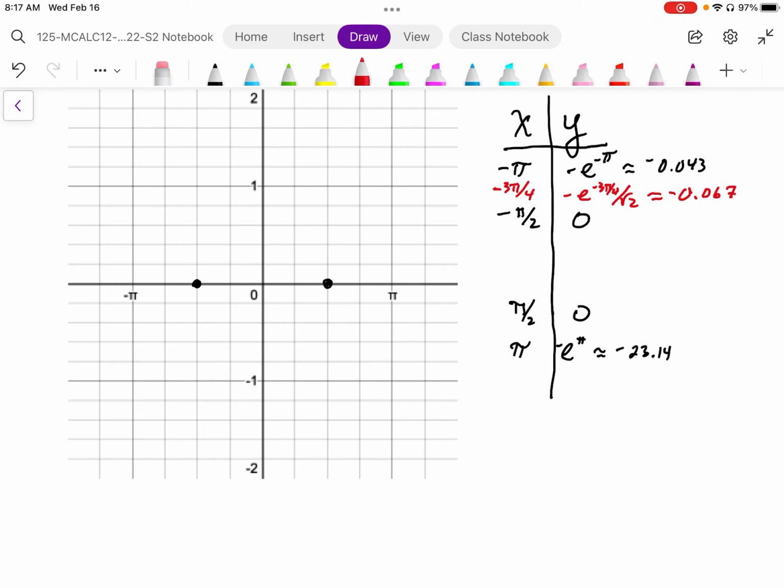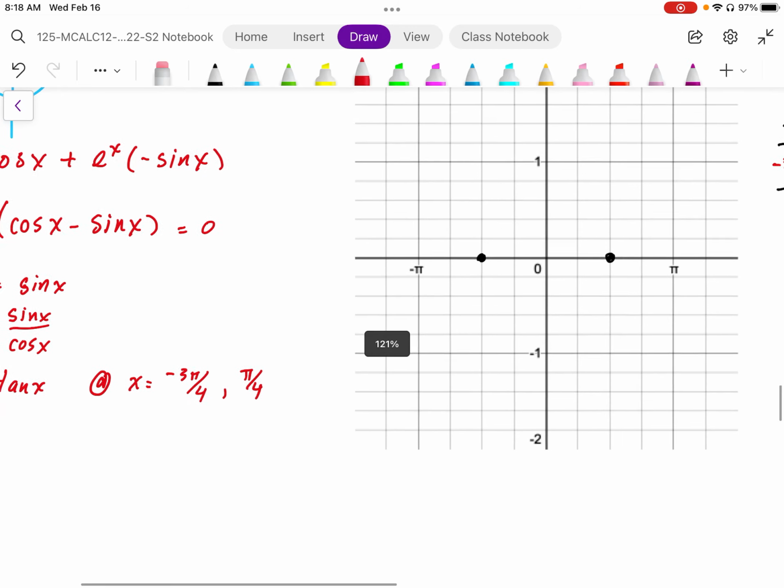And then we plug in positive pi over 4. At positive pi over 4, we're going to end up with e to the pi over 4 over root 2, and that works out to be approximately 1.551.